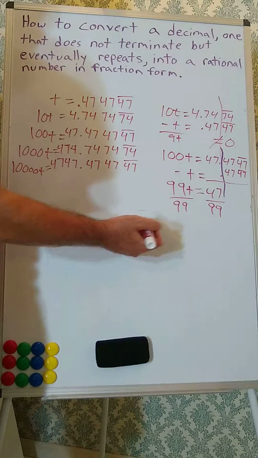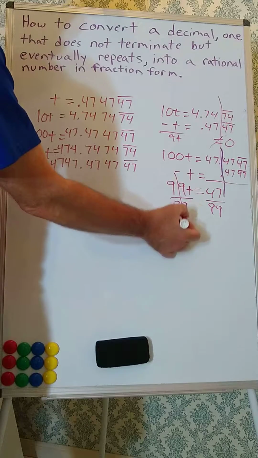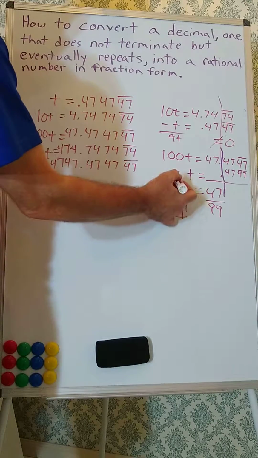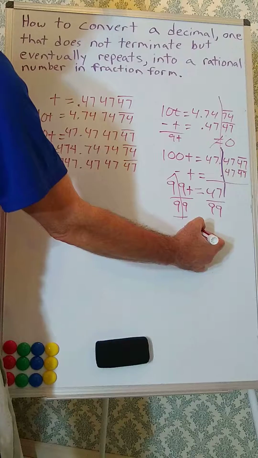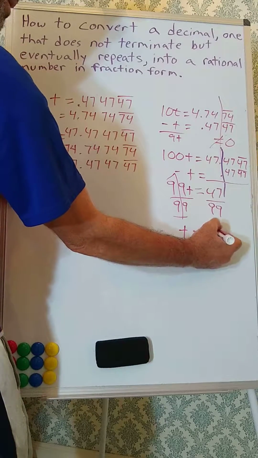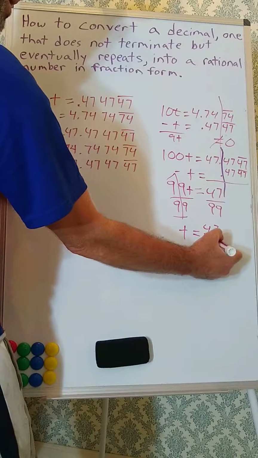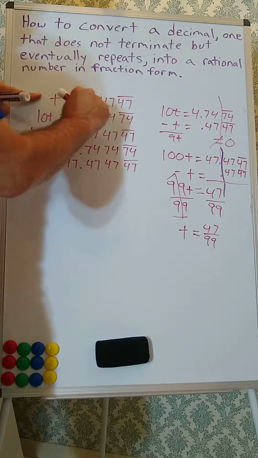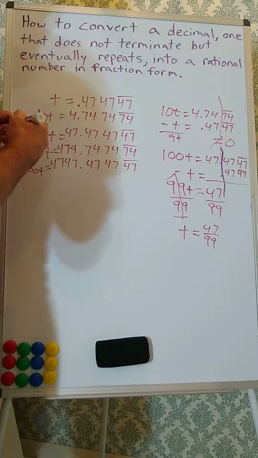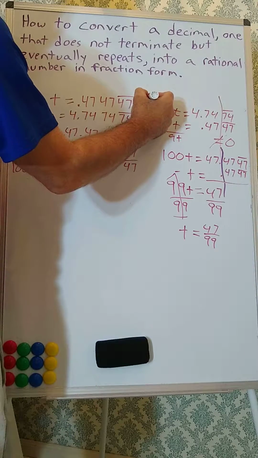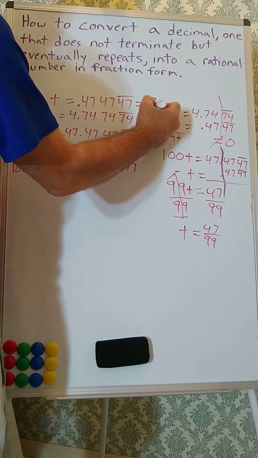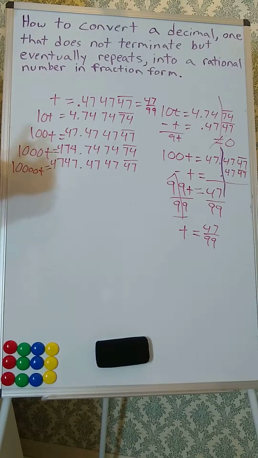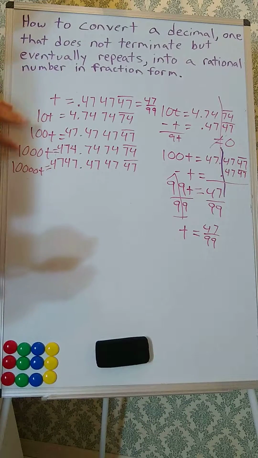And this is 1 in disguise. So we have 1t, which is just t, and that equals 47 divided by 99. So 0.474747 repeating is equal to 47/99.